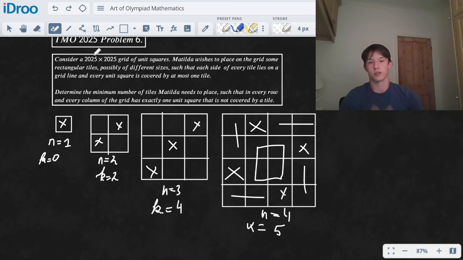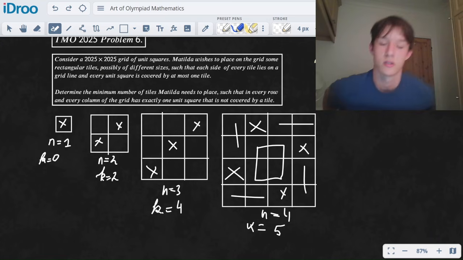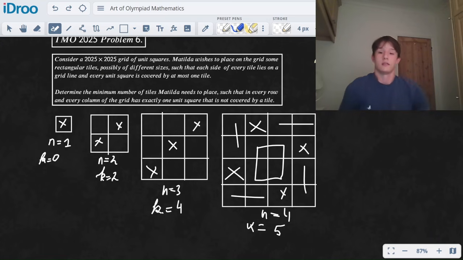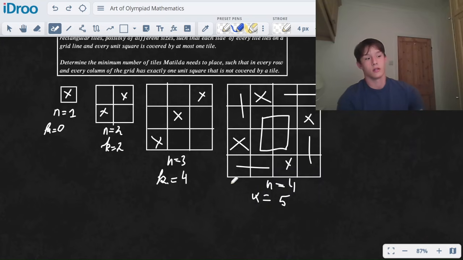And based on your experience of solving EGMO 2025 P6, the key is that, well, 2025 is a square. That's kind of an explanation why n equals 4 generalizes nicely and n equals 1, but these two don't.